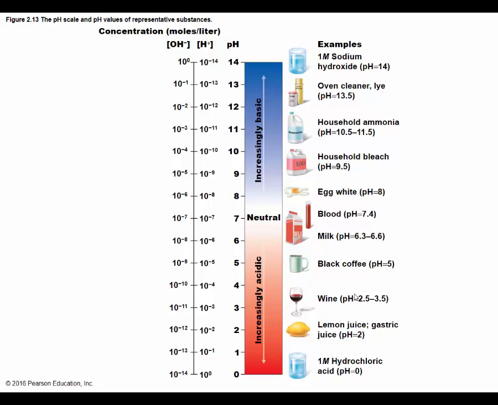The higher the hydrogen ion concentration, what's the pH? Lower, right. The strongest acid in this scale is hydrochloric acid. It has a pH of 0. Okay, so strong acid. And 14, we would call that a strong base. Yep, yep. And then we have everything in between there.